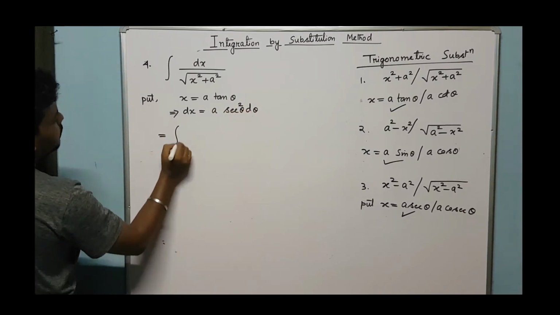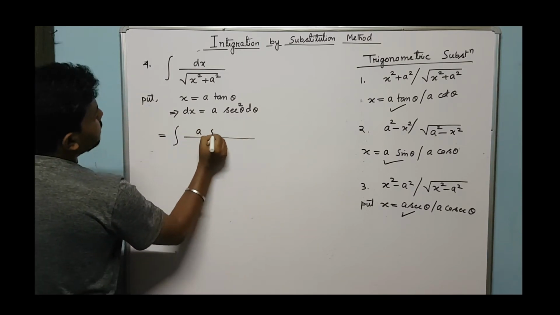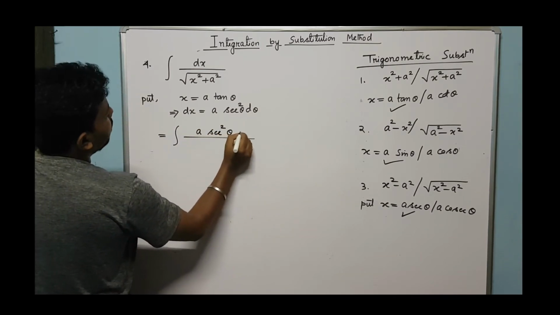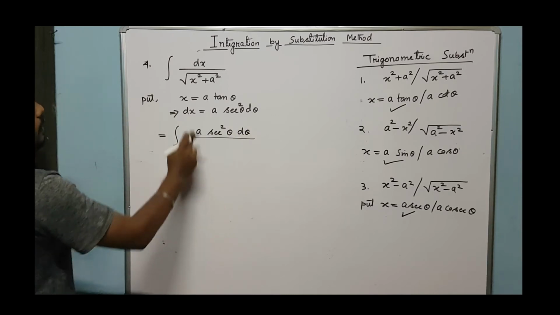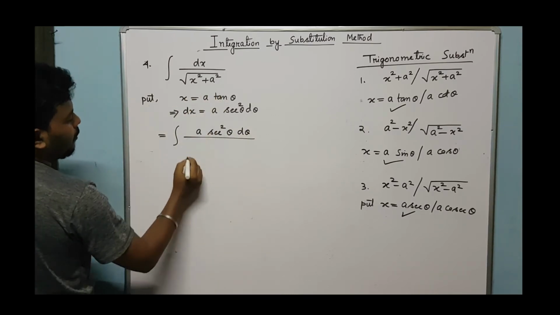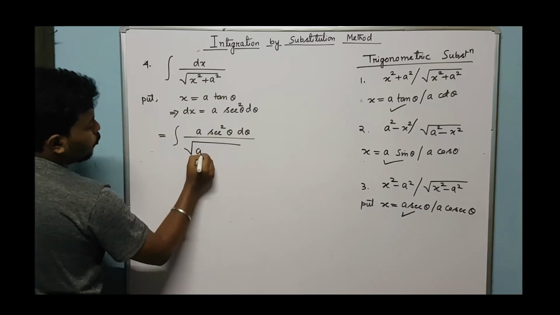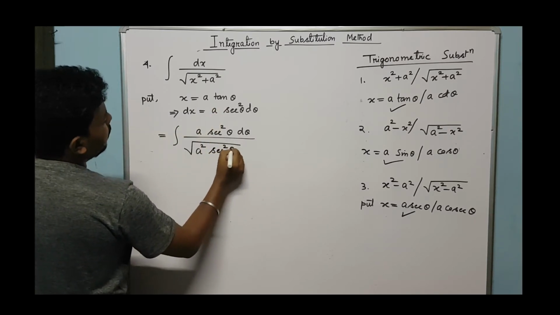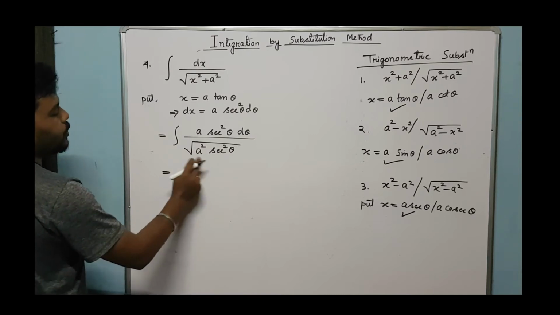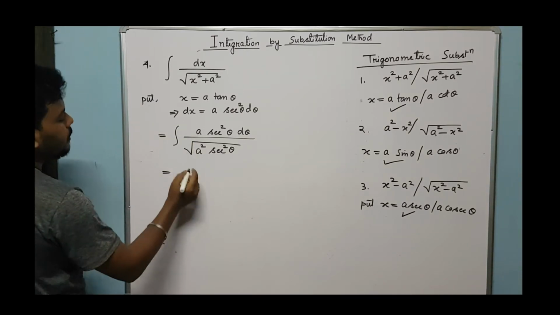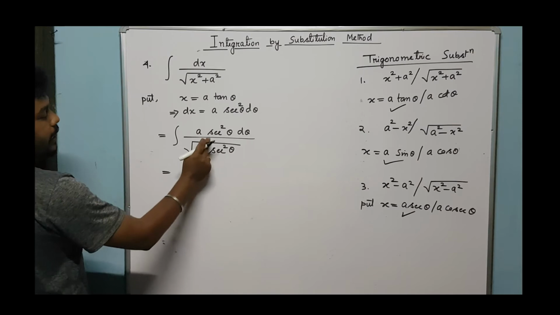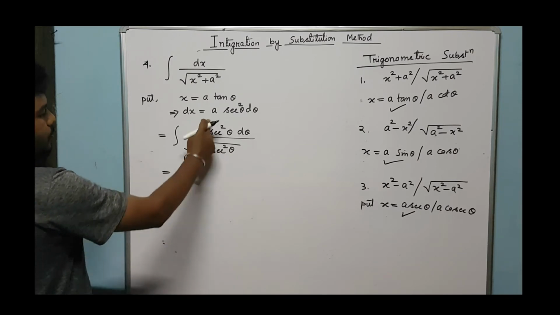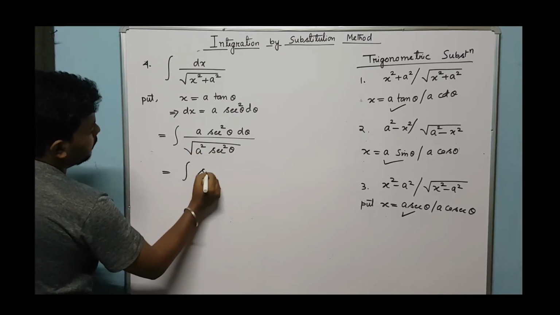Now place the values, you will get a sec square theta d theta, and after putting x equal to a tan theta, I will get a square common. It is 1 plus tan square, which is nothing but sec square theta. Now a square takes square root, a is cancelled, and sec square, if I take square root, it is sec theta. sec square by sec is sec theta.